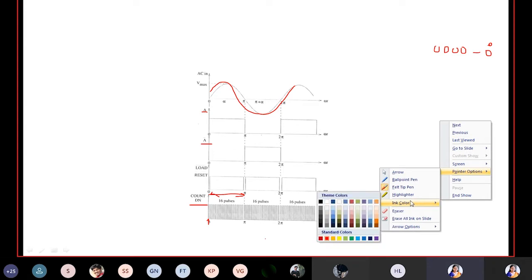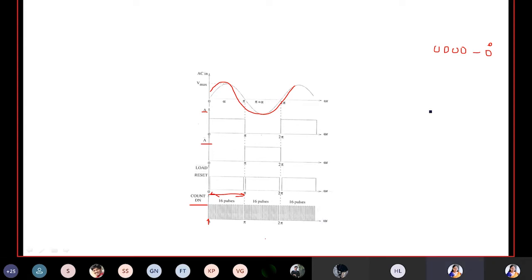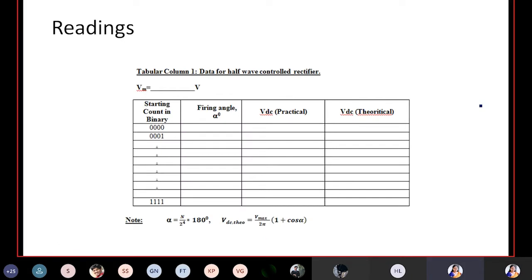If you give the value as 1000, what is the corresponding degree for this? You can calculate using this formula: alpha equals n divided by 2 power 4, into 180 degrees, where n is its decimal equivalent.